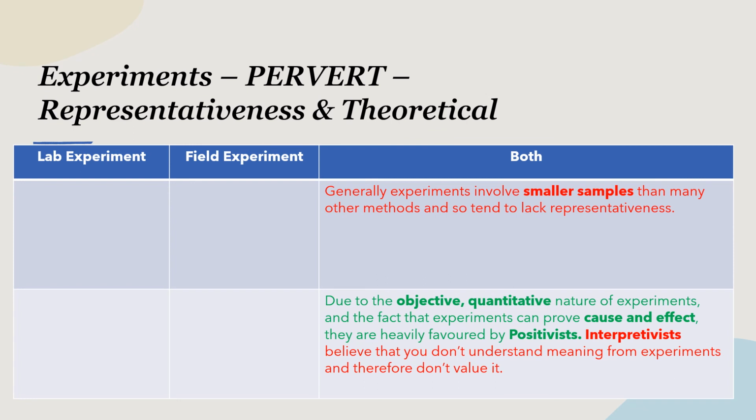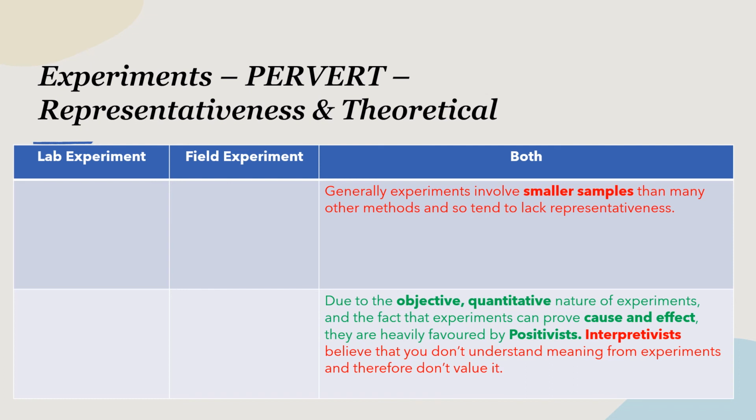So we're going to finish with the issues of representativeness and the theoretical approach of the groups of sociologists who would like these methods. In terms of being representative, what we've got with a lab and a field experiment is generally, not always, but generally, small samples.